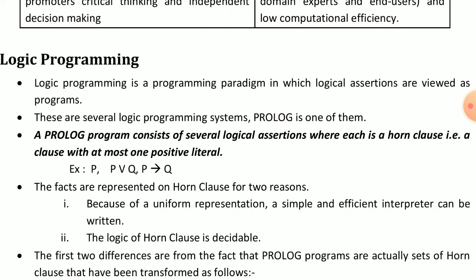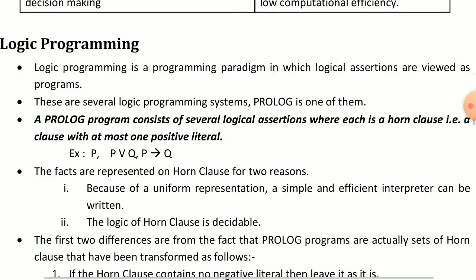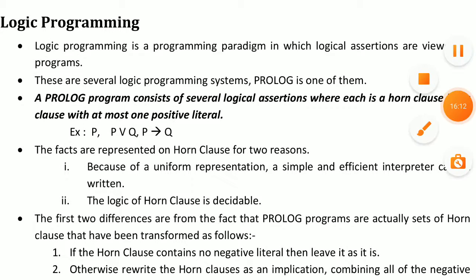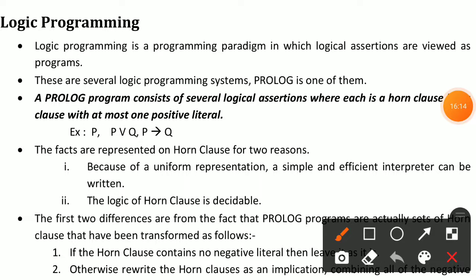Now the Prolog definition is given with its example. A Prolog program consists of several logical assertions where each is a Horn clause, that is, a clause with at most one positive literal. In Prolog programming, we can find the logical assertions.